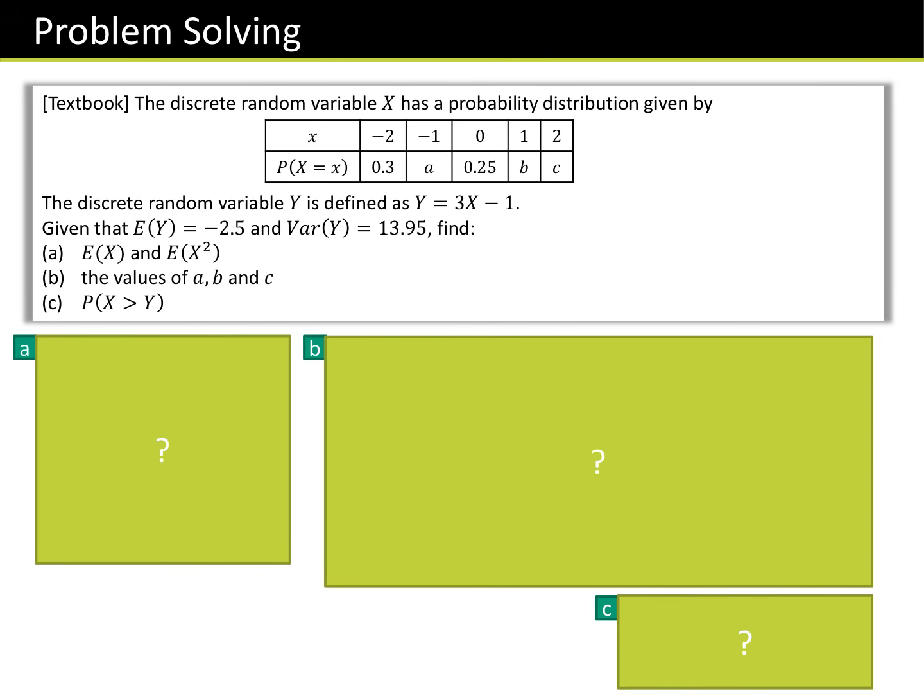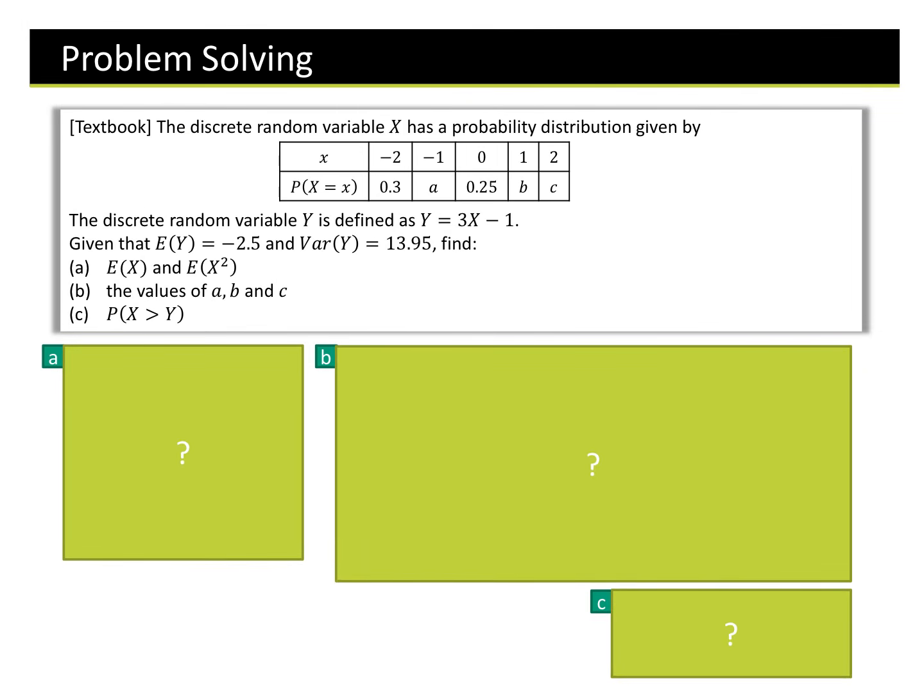Okay, another question. So the discrete random variable x has a probability distribution given by the discrete random variable y is defined as y equals 3x minus 1. Given that the expected value of y is minus 2.5 and the variance of y is 13.95, find the expected value of x and the expected value of x squared.